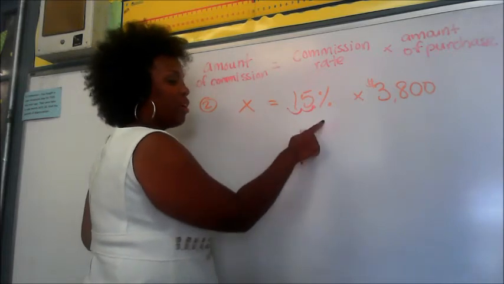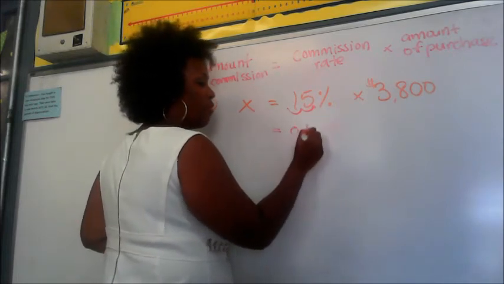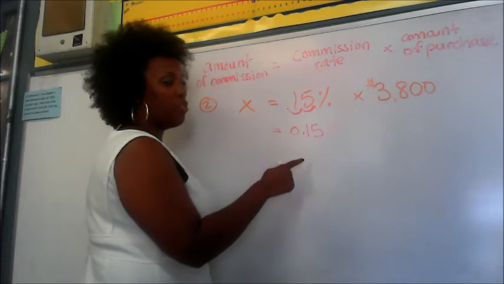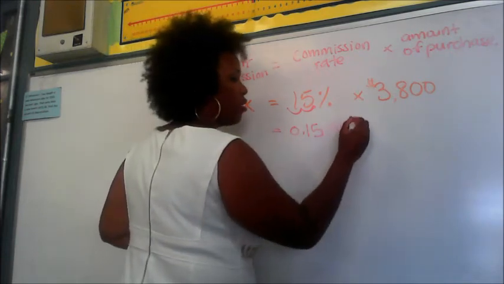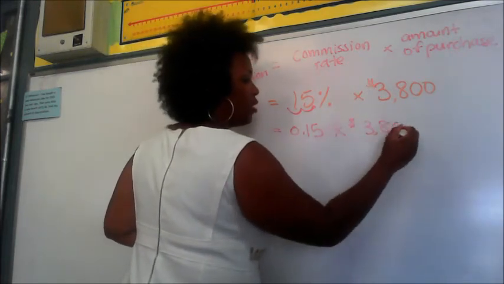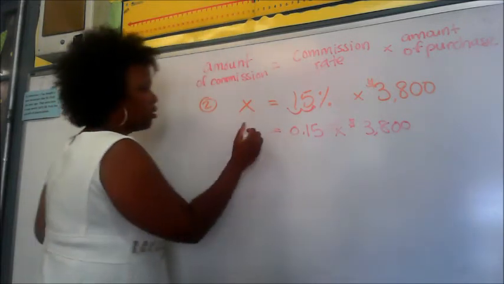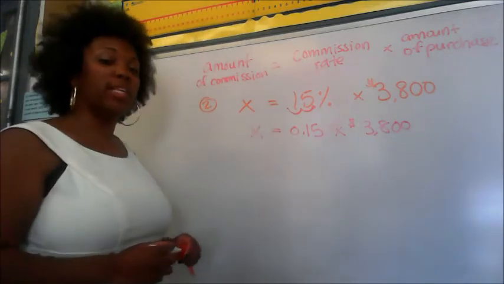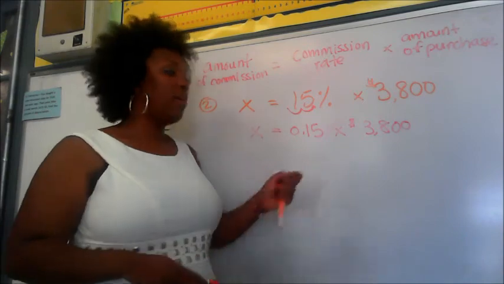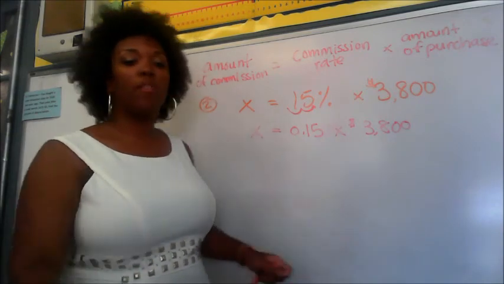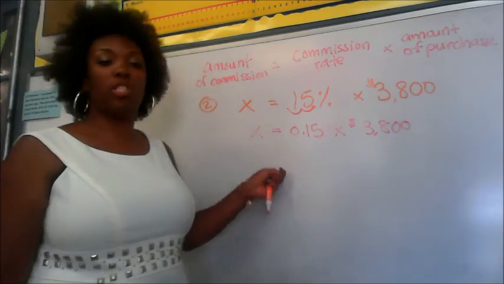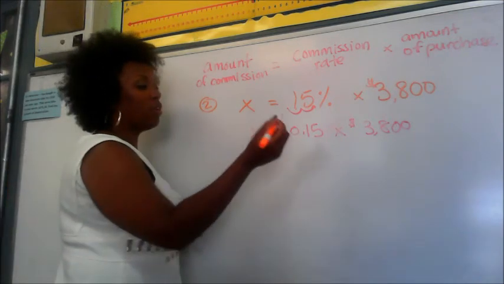So this now turns into 0.15 times $3,800. So we know for a fact that she's going to get paid more than $90, which was example 1, because what she sold for an entire week was more than what she sold for one day.